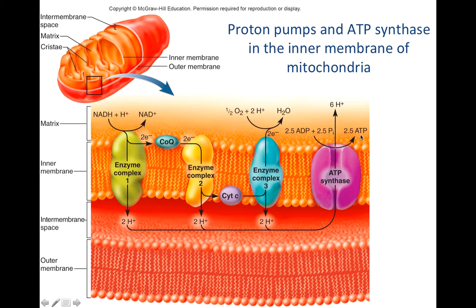And this is oxidative phosphorylation. So you formed a couple of ATP in glycolysis, a couple of ATP in the Krebs cycle per molecule of glucose, and those were both through substrate level phosphorylation. This is oxidative phosphorylation. You're using this electrochemical gradient to fuel ATP synthase to form many ATP.